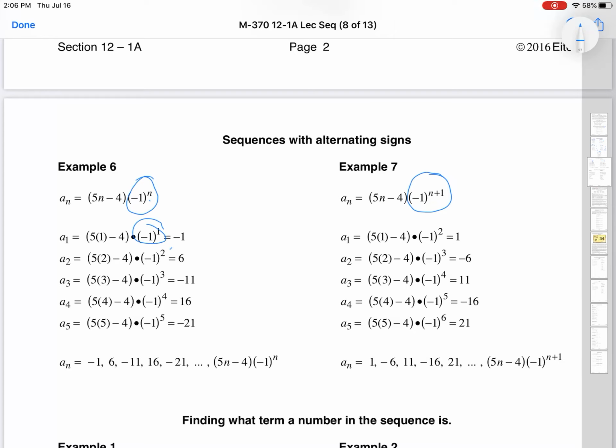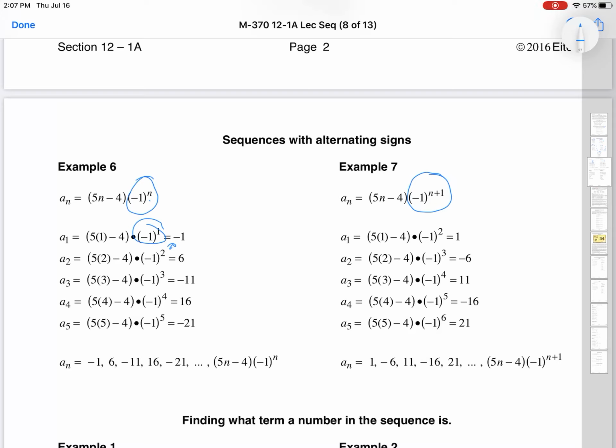And so your overall result is going to be negative. So we get 5 minus 4, 1, times -1, -1. 5 times 2, 10, minus 4, 6, times -1 squared. Now it's going to be positive. So it's going to alternate between negative and positive because of that.